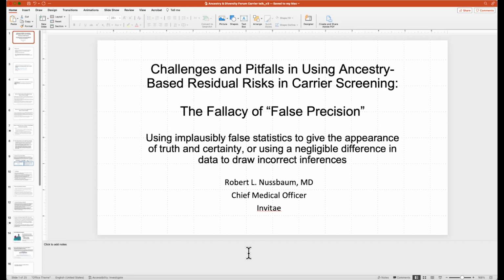So you're going to have problems figuring out what the residual carrier risk is from these allele frequencies in that population, even if you can accurately say that the locus in this individual has a very high likelihood of being of a certain ancestral background. You're still faced with the problem that you don't have a very good estimate of what you need to know from that ancestral background.